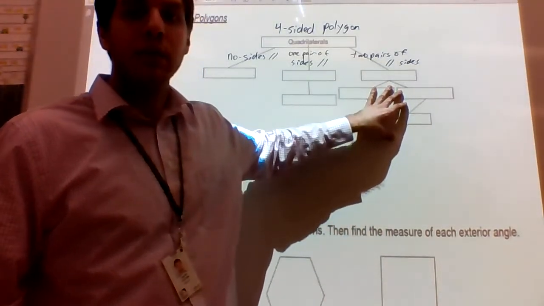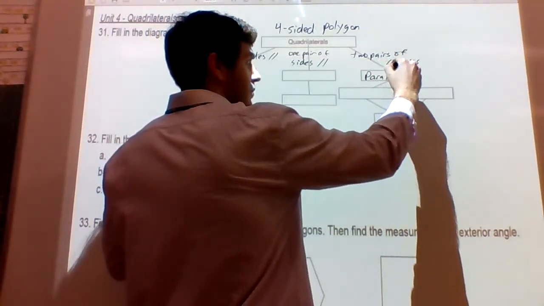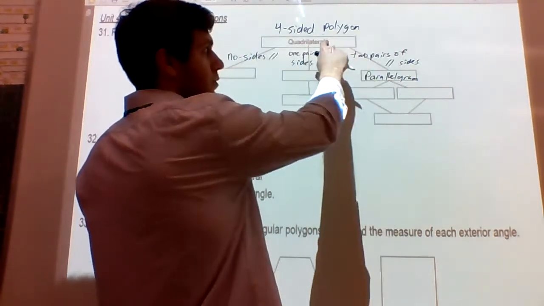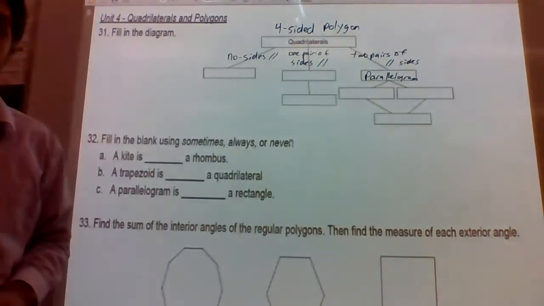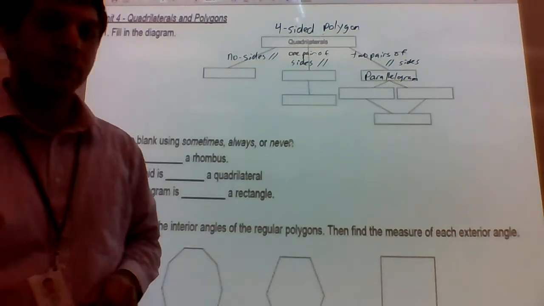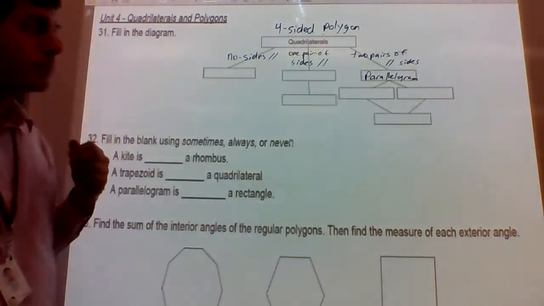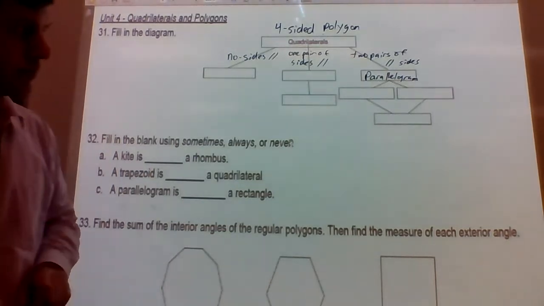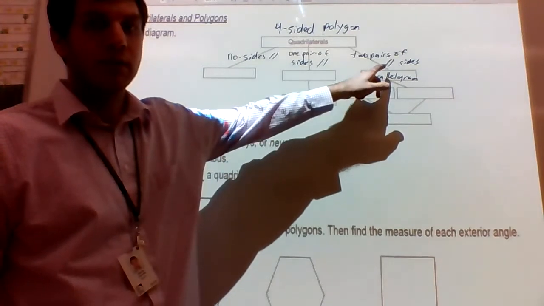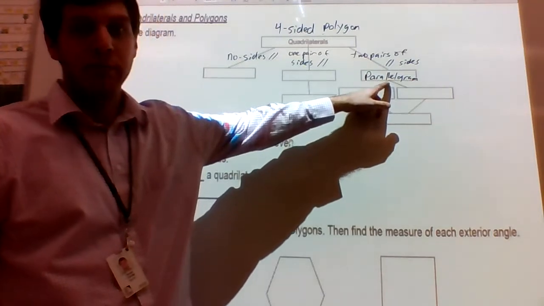So we defined a parallelogram as a quadrilateral that has 2 pairs of parallel sides. And we talked about 3 different types of parallelograms: rectangles, rhombuses, and squares. So a rectangle was a parallelogram.